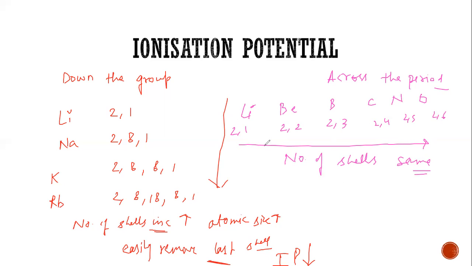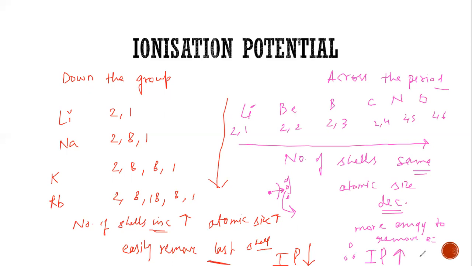It means electrons are added on the same shell, so the nuclear pull will increase and the atomic size or radius will decrease, and you will require more energy to remove an electron. Therefore, the IP will increase. I hope this is clear to you.